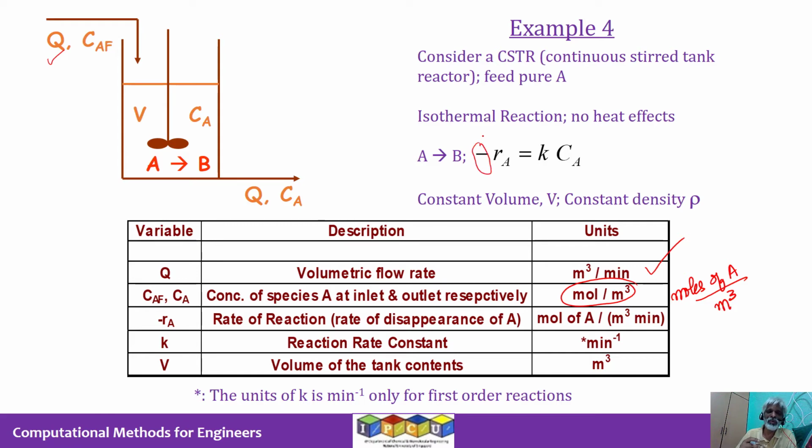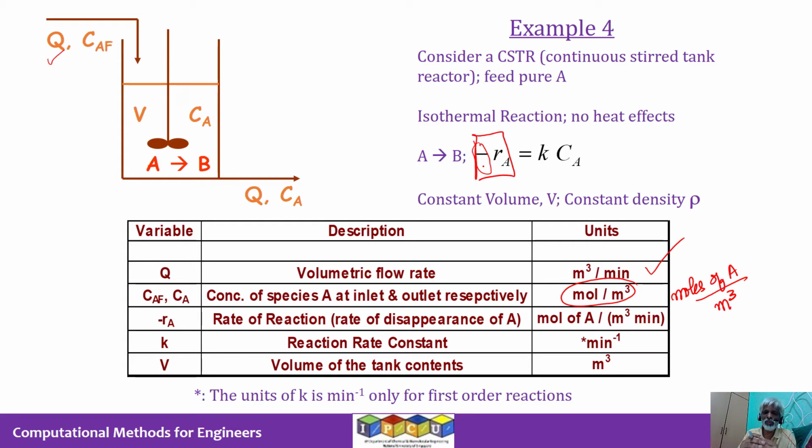That means the convention is the reactants are often indicated by minus R to just say that it is a reactant and its concentration is going to decrease. So the rate of the reaction, right, is K times CA. This is the rate at which the species A gets depleted or converted due to the reaction forming B.